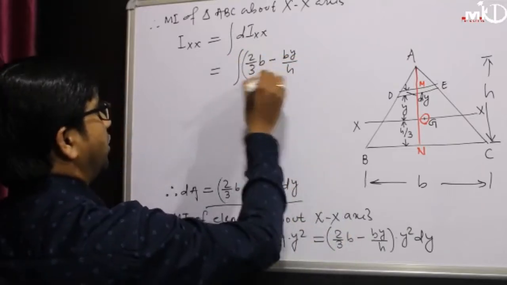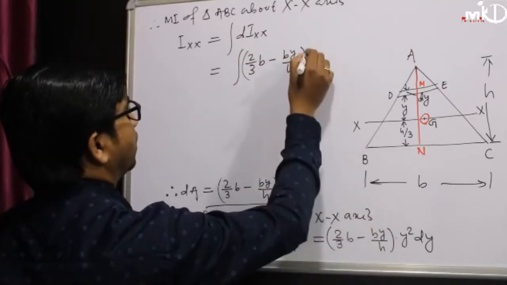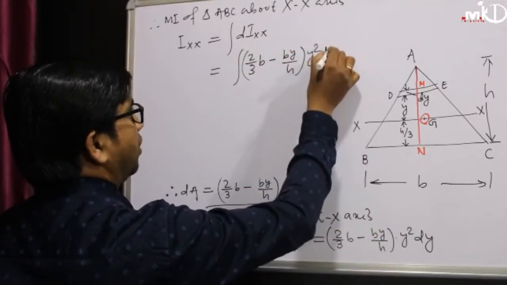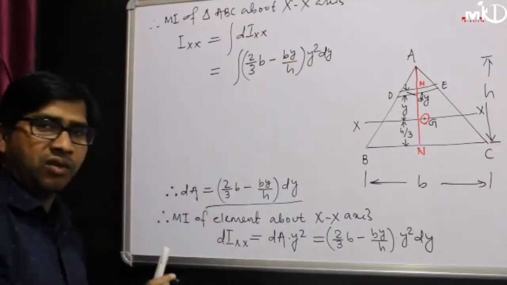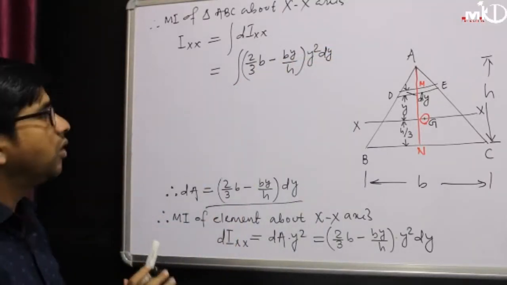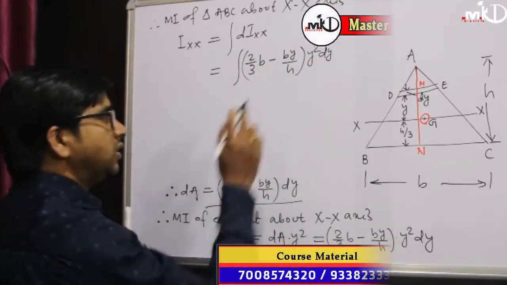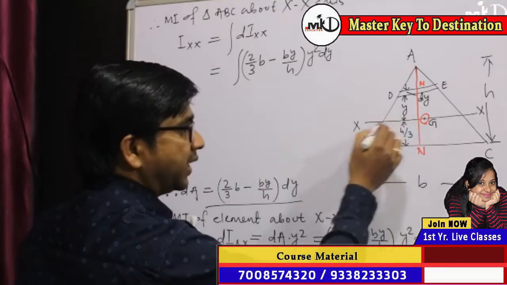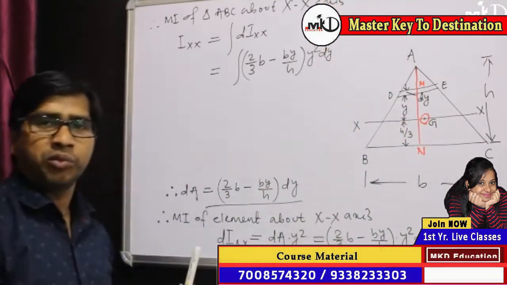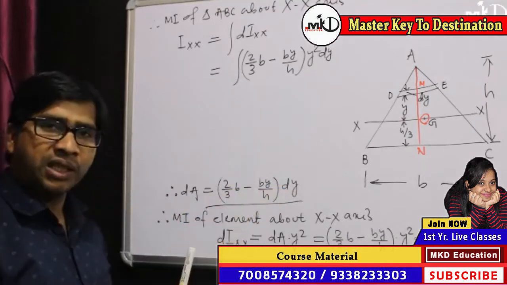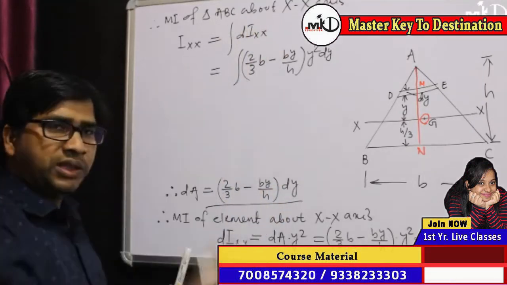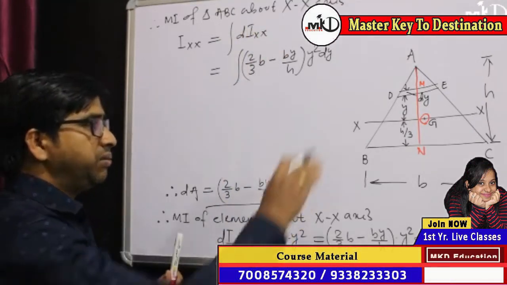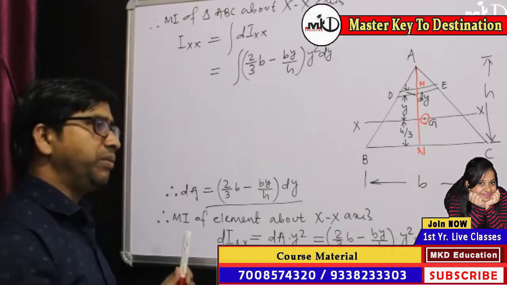Now see, y is the variable, others are constant. So if y is the variable, what will be the limit? Above the x-axis the value is definitely positive, since the x-axis is the base level; going upward y will be positive, and if you proceed downward y will be negative.